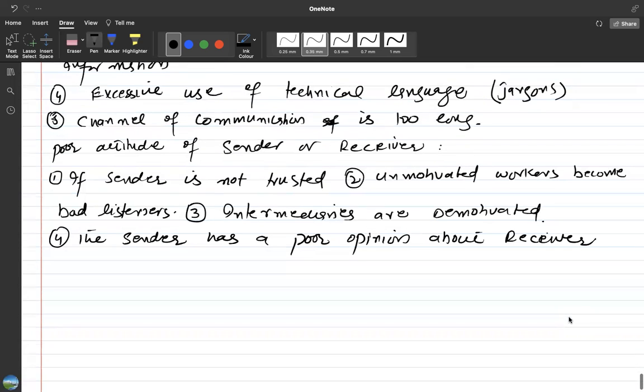The third type of barriers are created by physical reasons, such as noise, as we were having yesterday. There are very noisy factories.